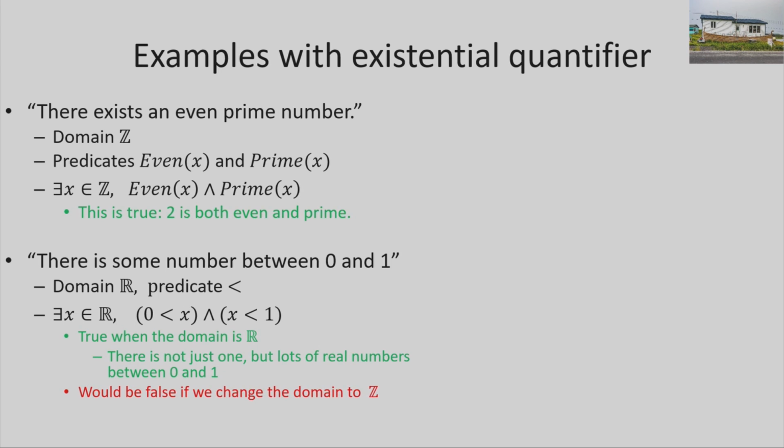Is this true? Yes, because we set the domain to be real numbers, so we have a ton of real numbers between 0 and 1, like 1/2, 0.777, and so on and so forth. If I would write the same formula but with a domain of integers, this same formula would be false.